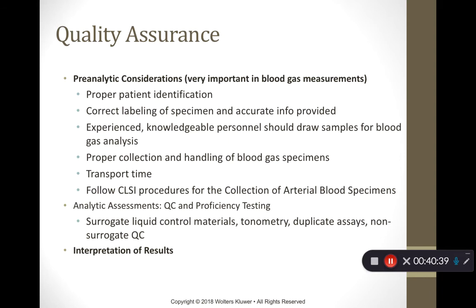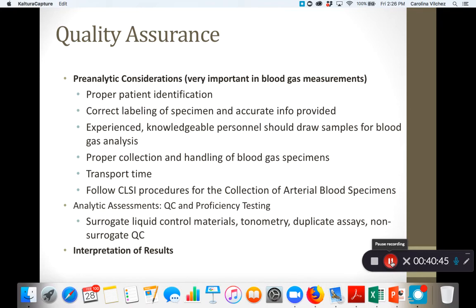Proper collection is very, very important, and handling of the blood specimens is also just as important. It is also very important to follow the CLSI procedures for the collection of arterial blood specimens.